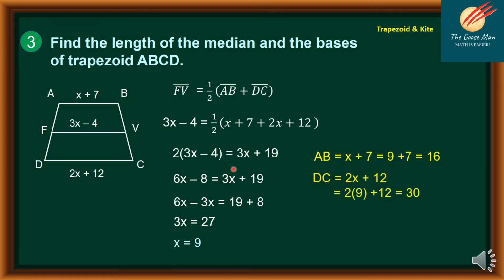On the other hand, DC is equal to 2x plus 12. Since x is equal to 9, that is 2 times 9 plus 12, which is equal to 30. Finally, the median FB is equal to 3x minus 4. Substituting the value of x, which is 9, we have FB is equal to 23.